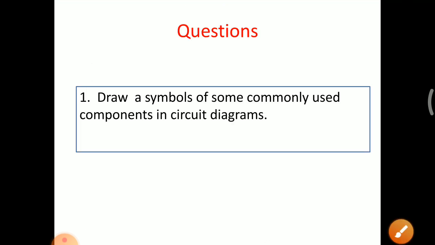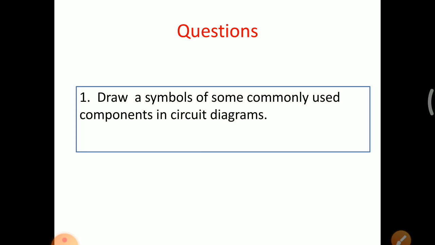The question: draw the symbols of some commonly used components in a circuit diagram. I hope you understood what is meant by circuit diagram. Using symbols we can draw the circuit diagrams easily and also we can understand easily.